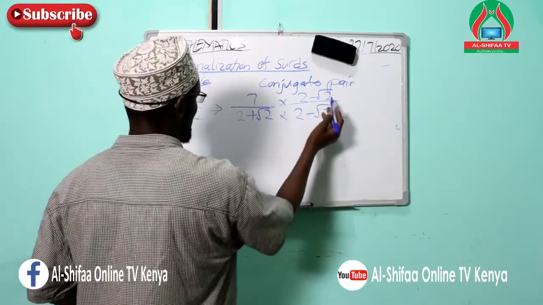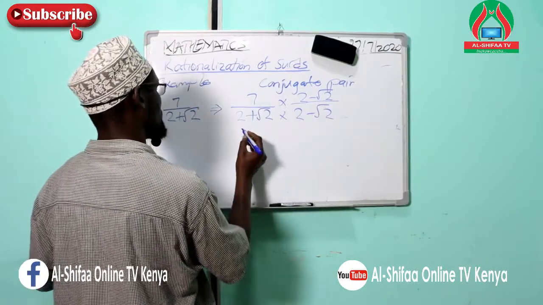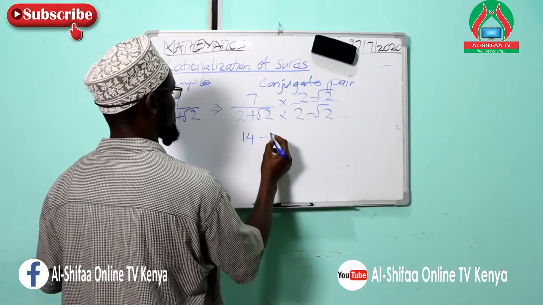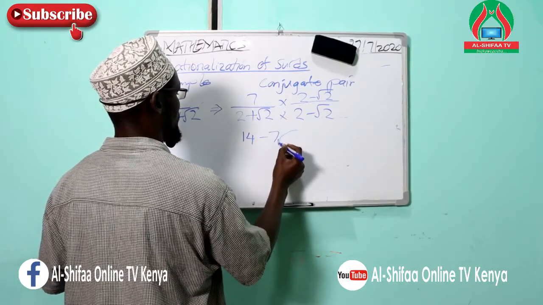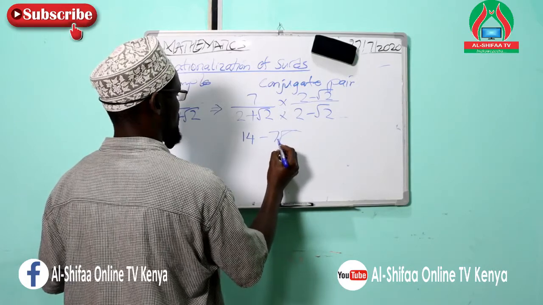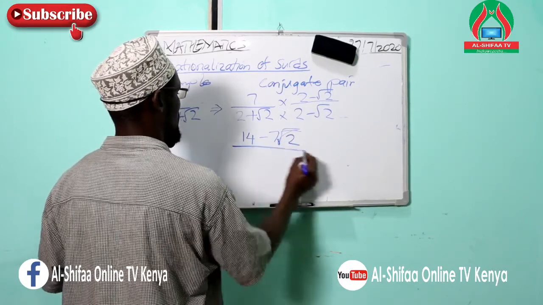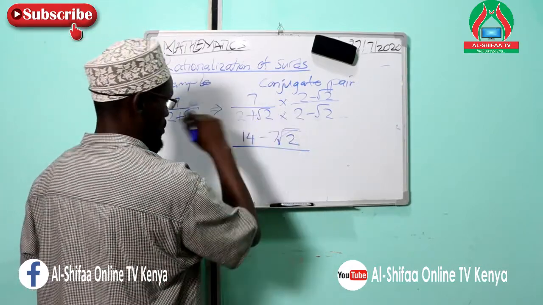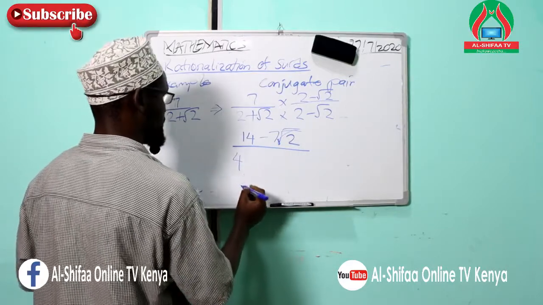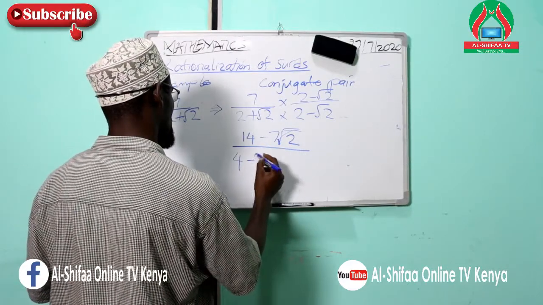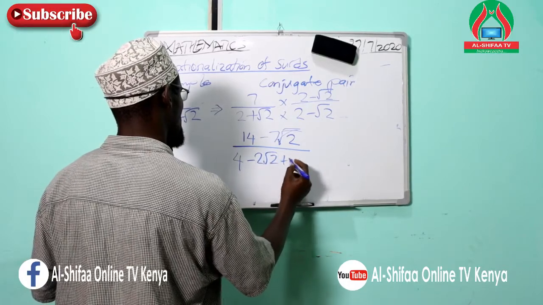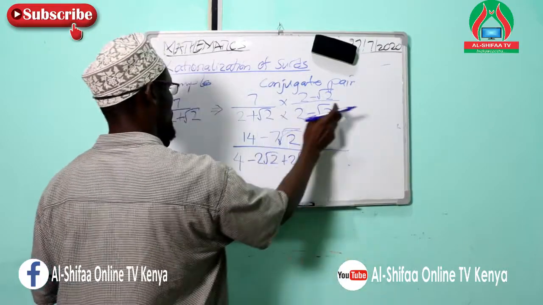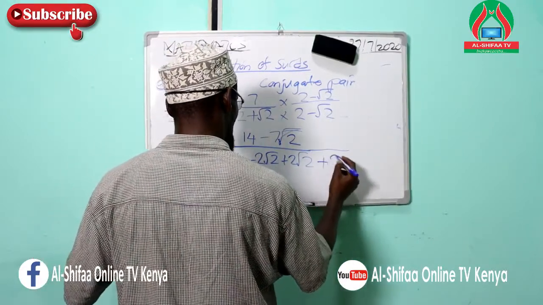So when you multiply the top one, you'll get 14 minus 7 root 2 over, on the bottom, we'll have 4 minus 2 root 2 plus 2 root 2 minus 2.